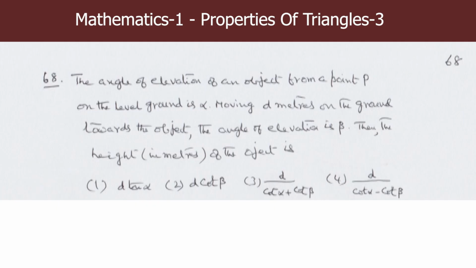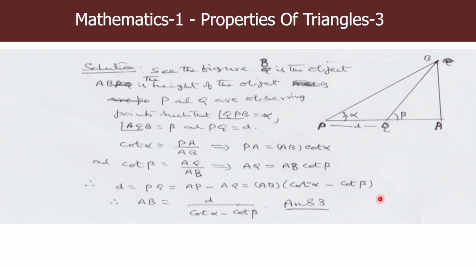Then the height in meters of the object. So here from position P, he moves towards the object. That point you take as Q, and angle AQB is equal to beta, and angle QPA is equal to alpha, and the height of the object is AQ.